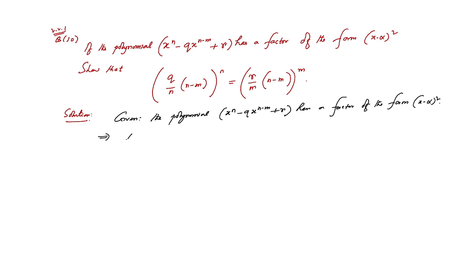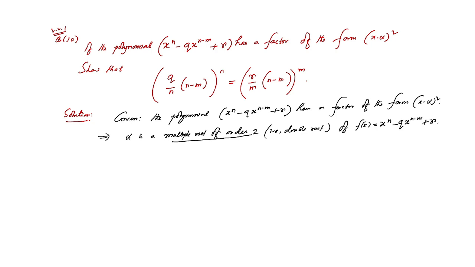That means alpha is a multiple root of order 2, that is a double root of f(x) equals x to the power n minus q x to the power n minus m plus r. So in that case we can write f(alpha) equals 0 and f dash alpha equals 0.